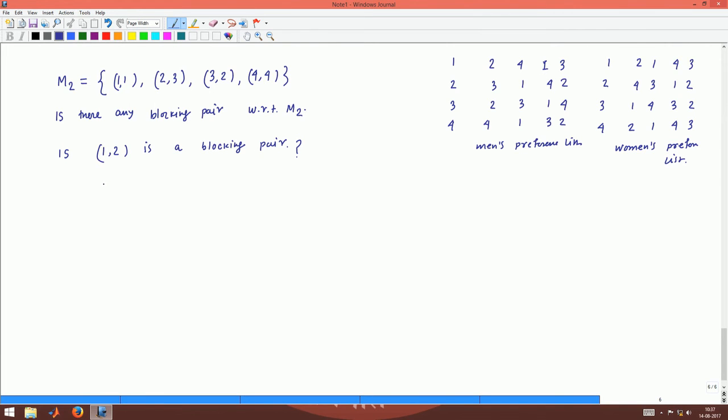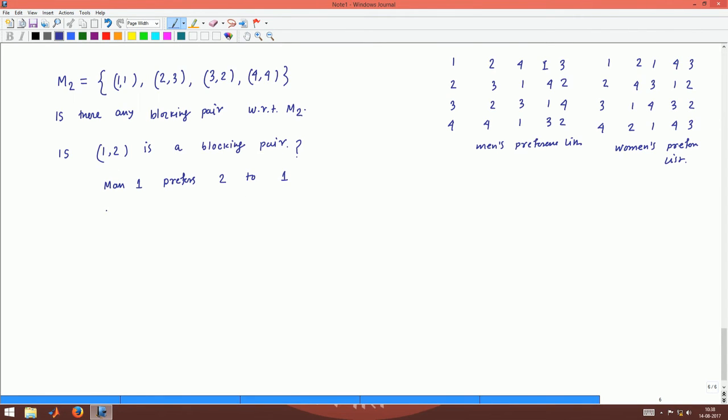So man 1 is matched with woman 1 in the matching, but man 1 prefers woman 2 to woman 1. So this part is correct.